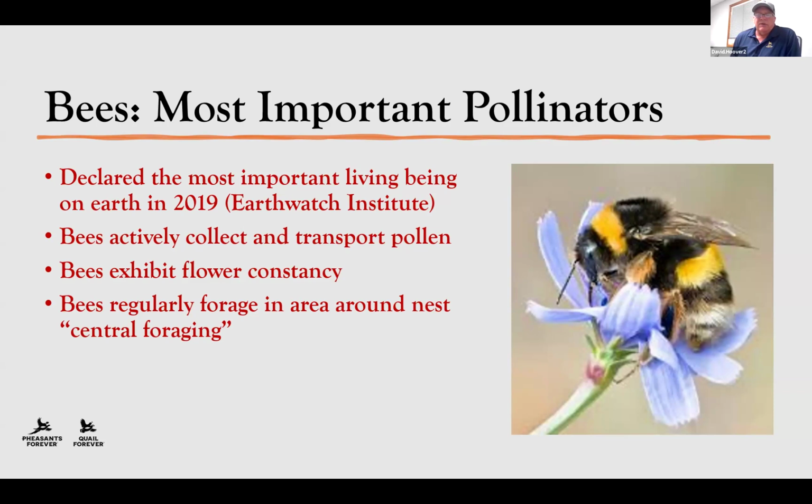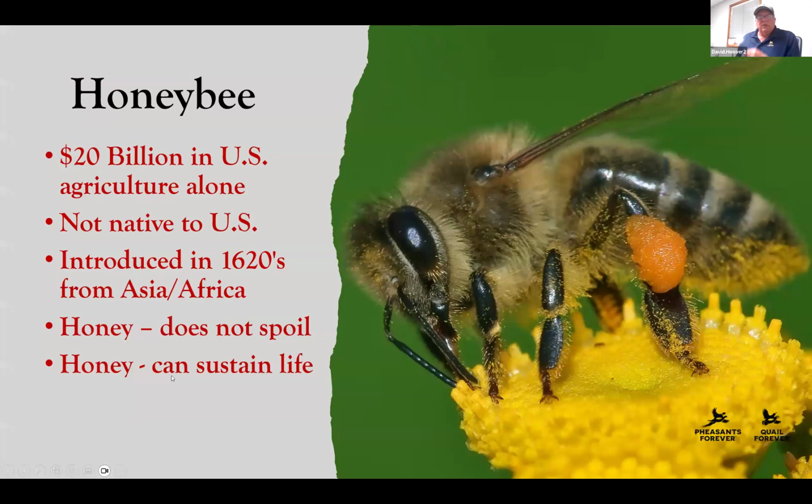They're typically going to be foraging on that plant and move to another bee balm, and another bee is going to be foraging on the same plant species at the same time, and that really increases the efficiency of the pollination. And as we'll see, that's a little different than what butterflies do. But that's one of the things that make them unique. And they tend to just forage in a central area around the nest. So they're very deliberate foragers, if you will.